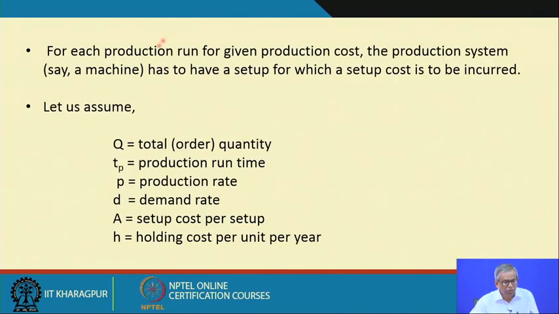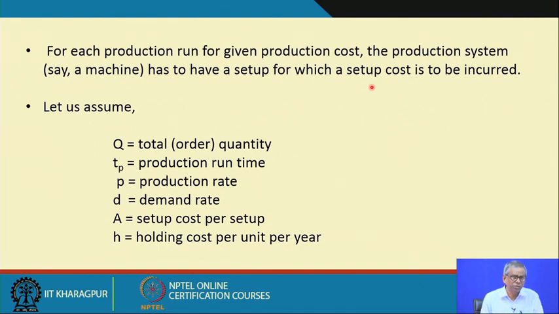Now for each production run, for a given production cost, the production system, say a machine, has to have a setup for which a setup cost is to be incurred. That means here instead of having the ordering cost, you have a setup cost. You must have an estimate of the setup cost.